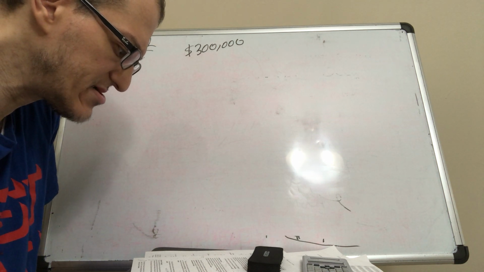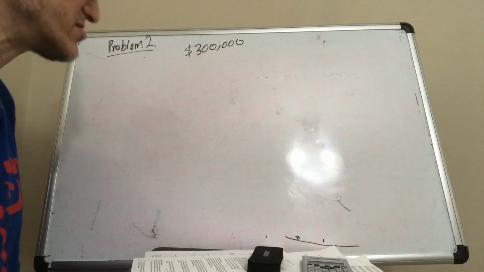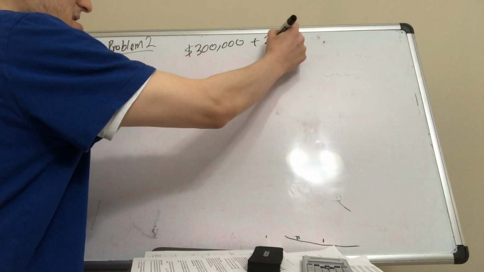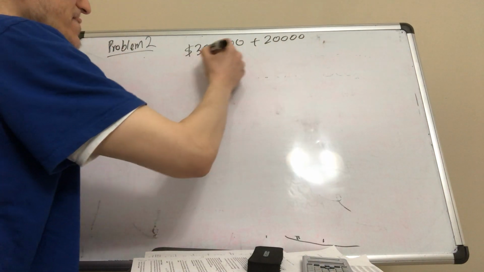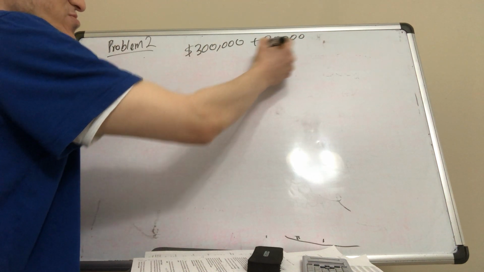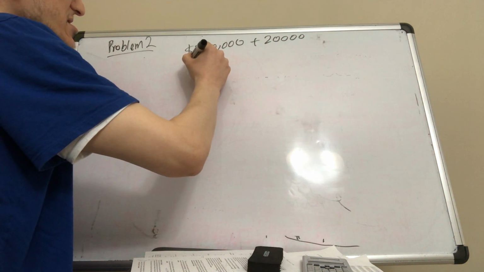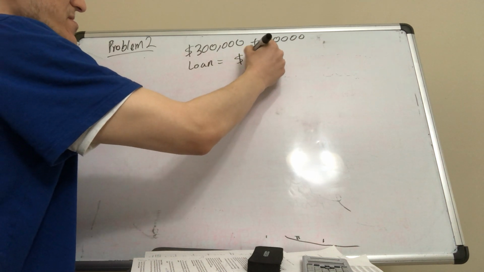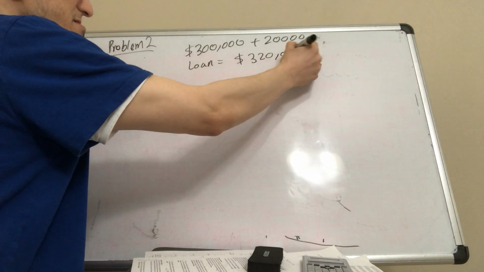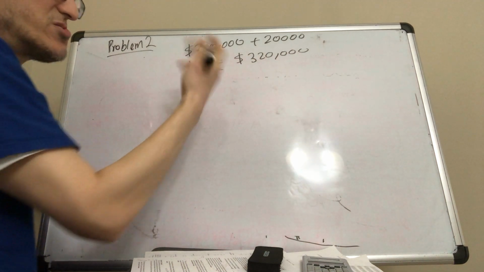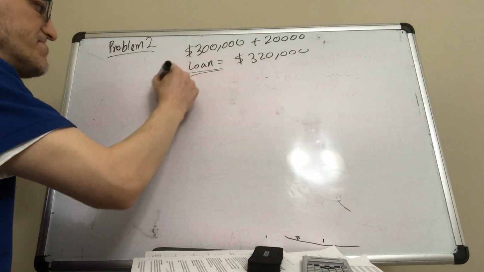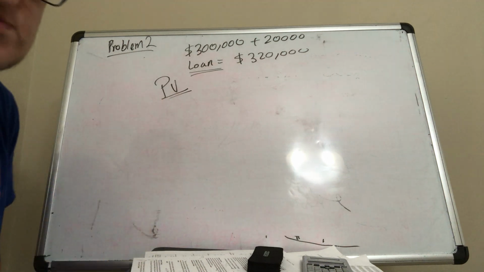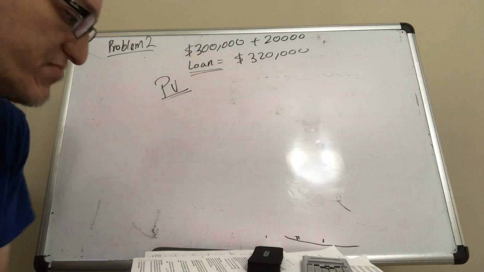You go to the bank, you borrow the entire amount, and that would be 320. So you loan the amount you're going to borrow, 320. And we said before, borrowing money, a loan, that's present value. When you have the money available, it would be present value.